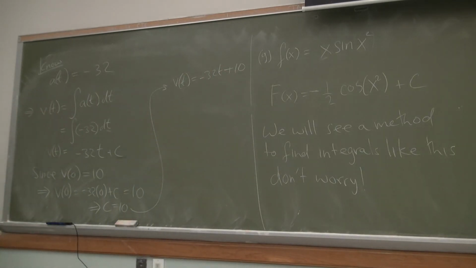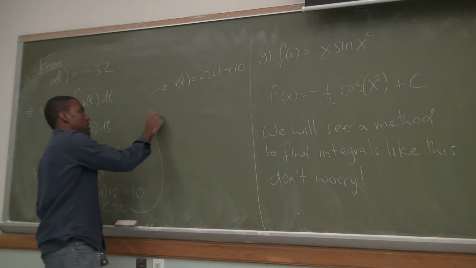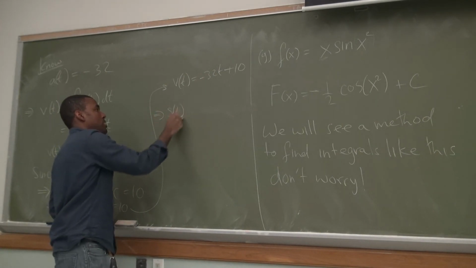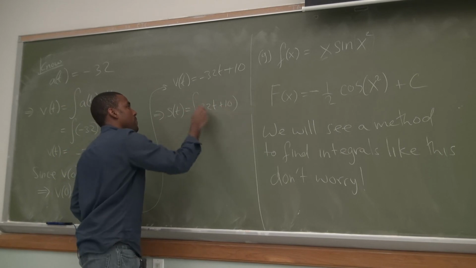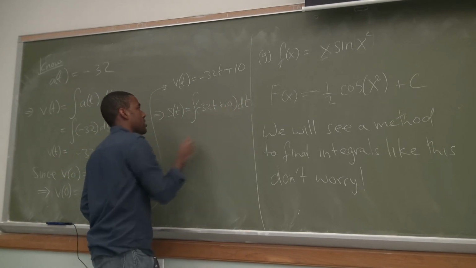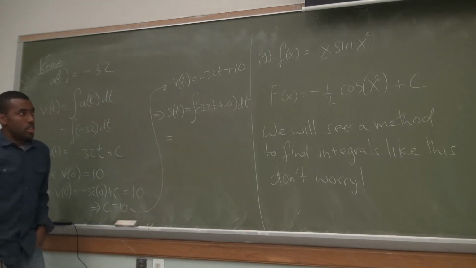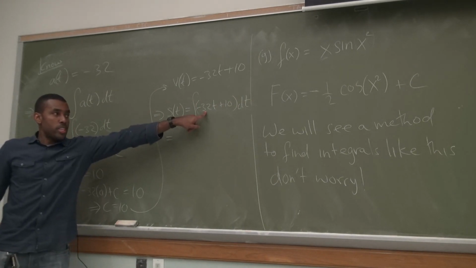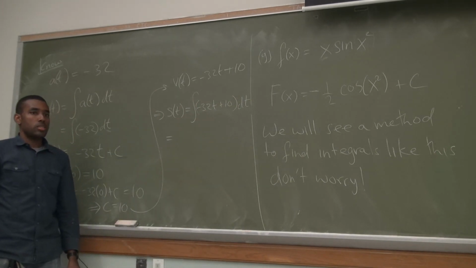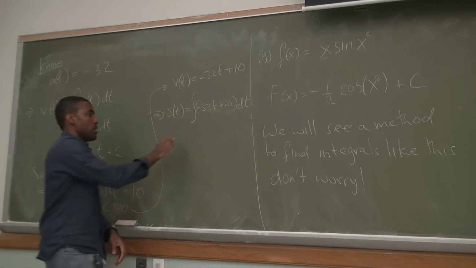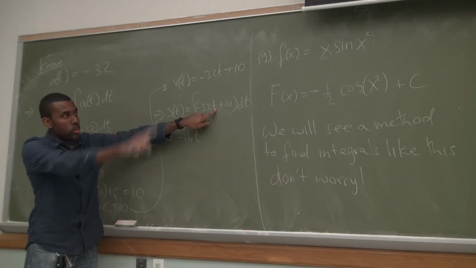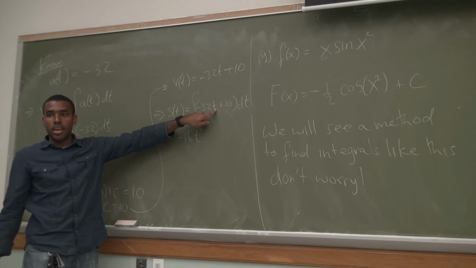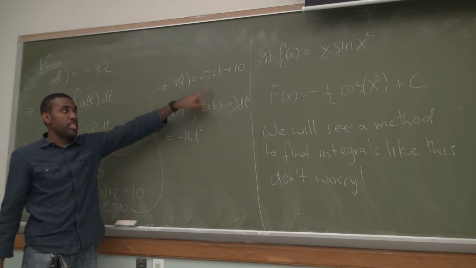And so my velocity function would be minus 32t plus 10. Right? And now I can go to position. Position is going to be the antiderivative of velocity. What do I differentiate to get minus 32t? Minus 16t squared. Because I do the rule we had before: you add 1 to the power, divide by the new power. So this becomes t squared over 2.